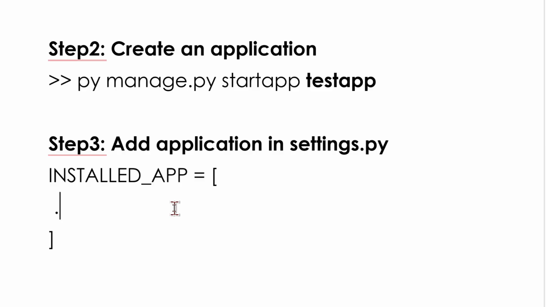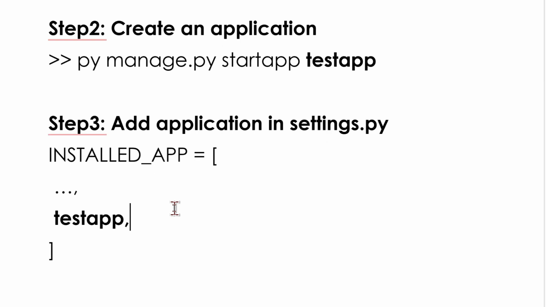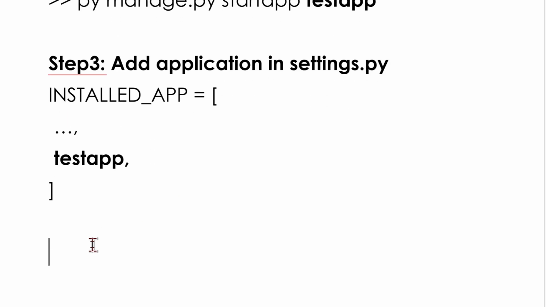Here we ignore the already installed apps and write our application name. What is our application name? testapp. This is how we can register our application. After that, what is the next step?